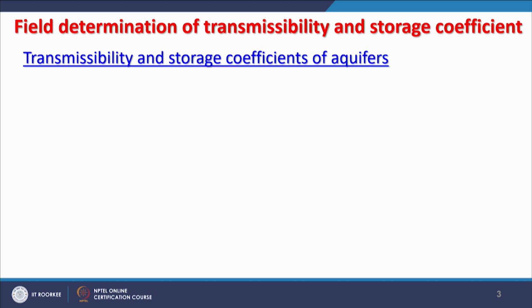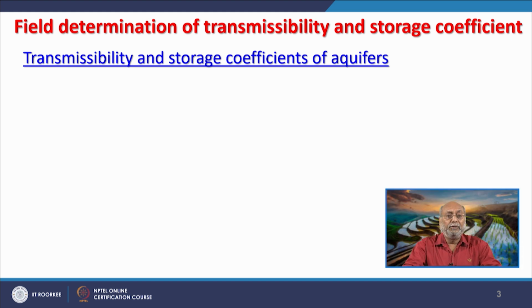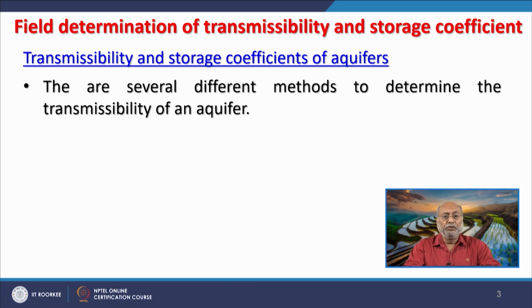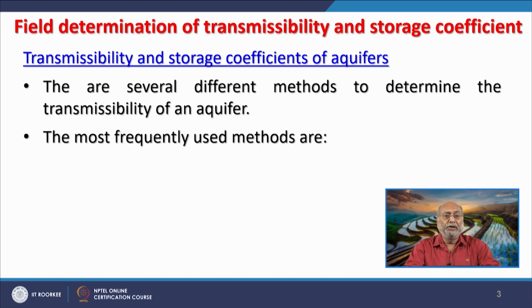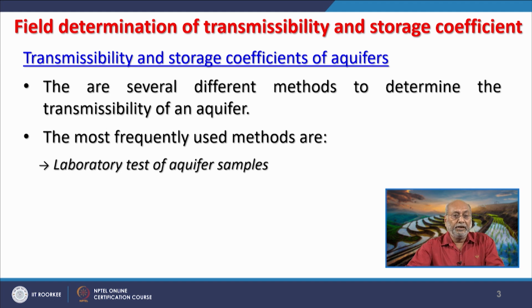Now, we will go one by one. First, the transmissibility and storage coefficient of aquifers. There are different methods to determine the transmissibility of an aquifer, and the most commonly used methods are: number one, the laboratory test of aquifer samples, if we have them, because many times getting subsurface samples is challenging.